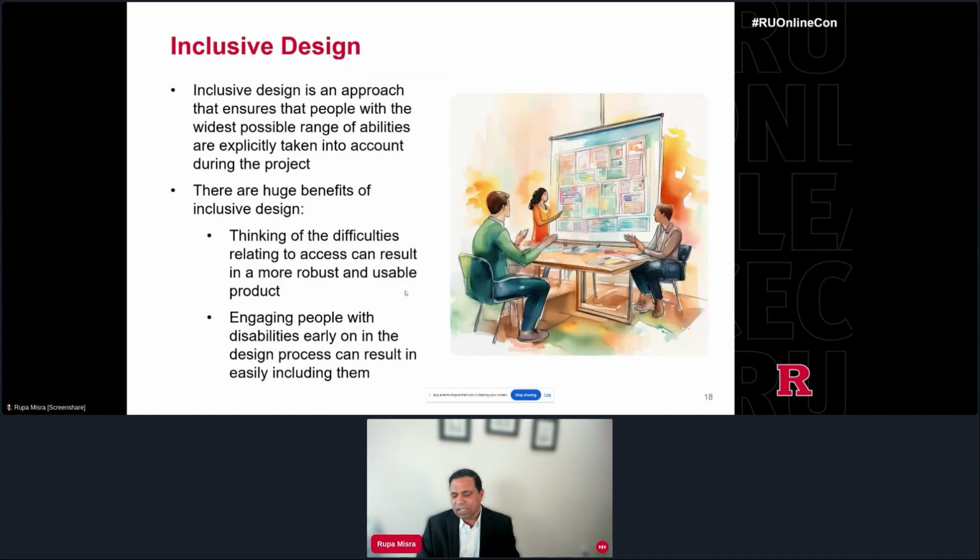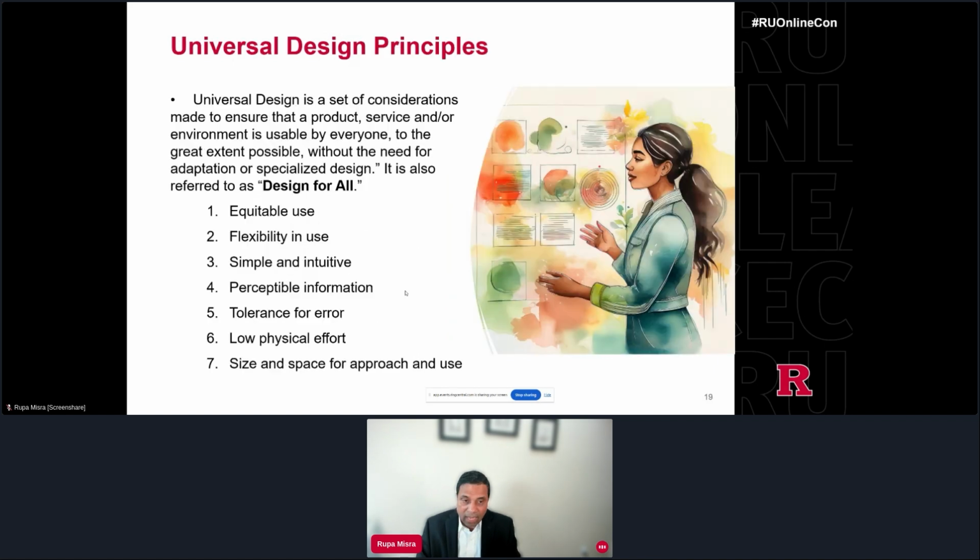So we can apply inclusive design principles in designing online classes, online spaces. And inclusive design is much more than disability. It is much more inclusive. And what principles can we use?